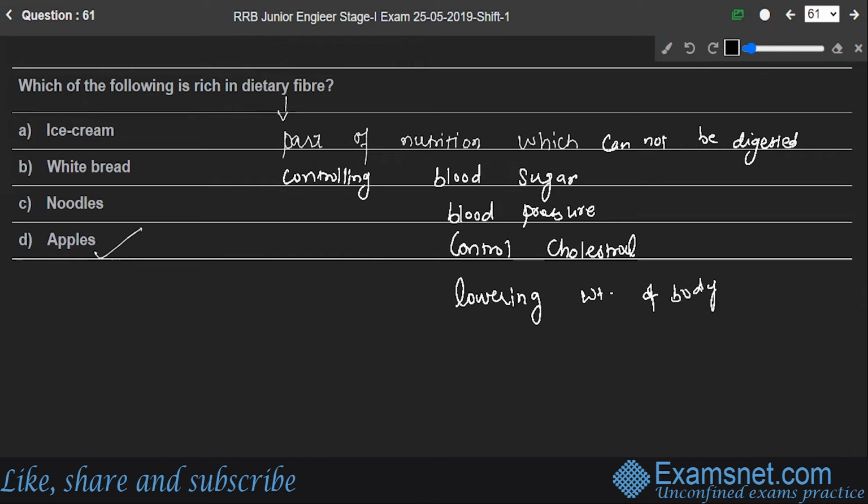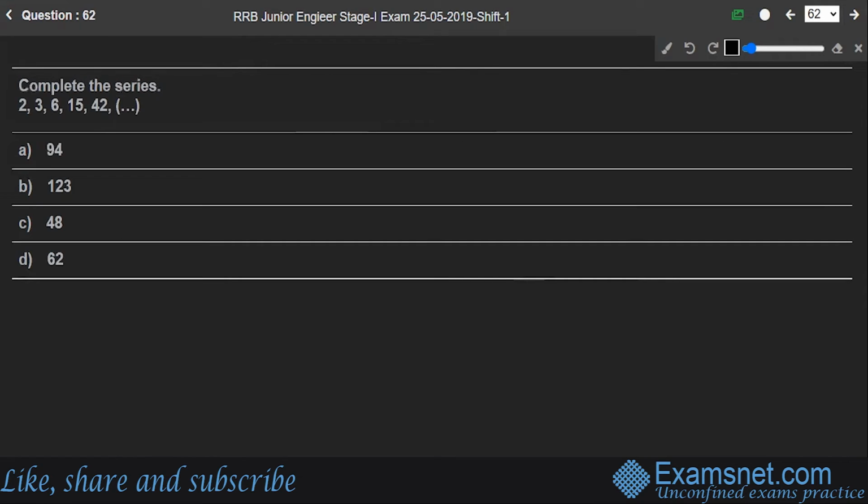There are two types of dietary fiber. You have them as soluble and insoluble. Okay. So we have the option as the right answer. Hope you understood that. Next is question number 62.